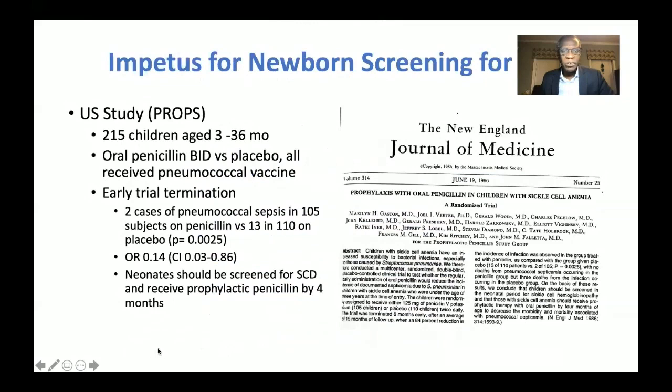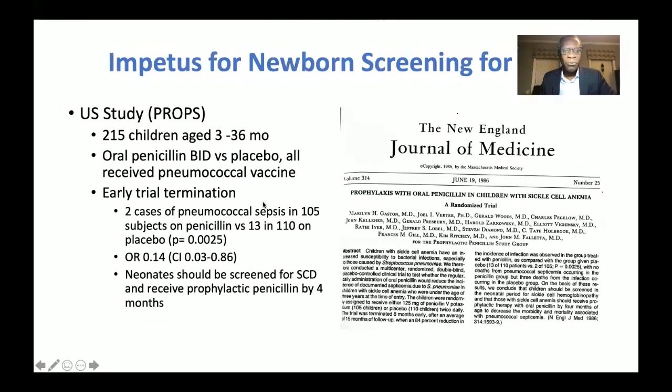The impetus for newborn screening for sickle cell disease was given by this randomized control trial, the PROP study, the prophylaxis with oral penicillin study. In this study, 215 children aged 3 to 36 months were randomized between oral penicillin and placebo, and all received pneumococcal vaccine.